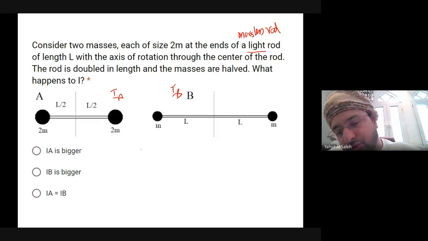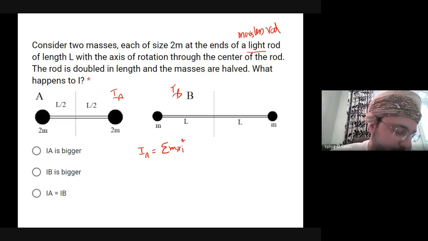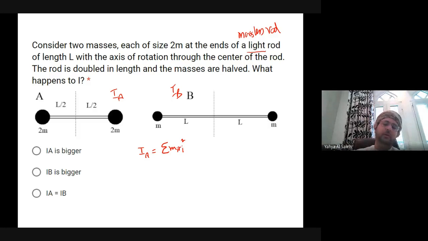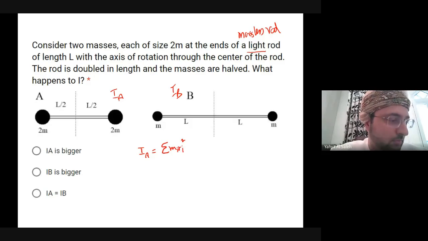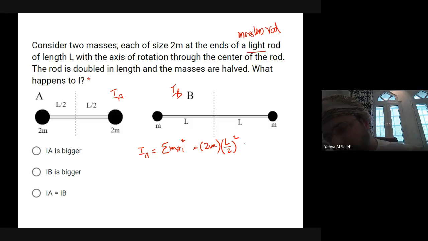Let's do the calculation. I_A equals sum of m_i r_i squared. So 2m times (L/2) squared plus 2m times (L/2) squared.